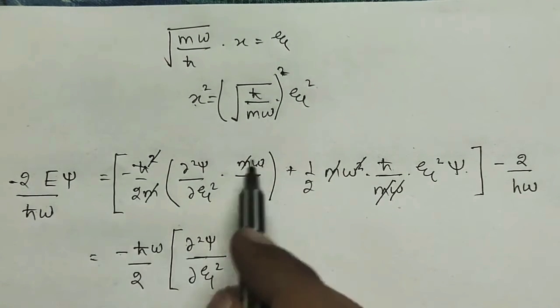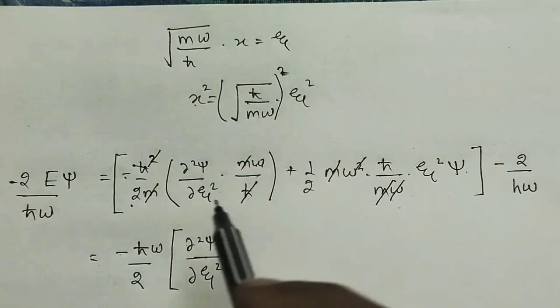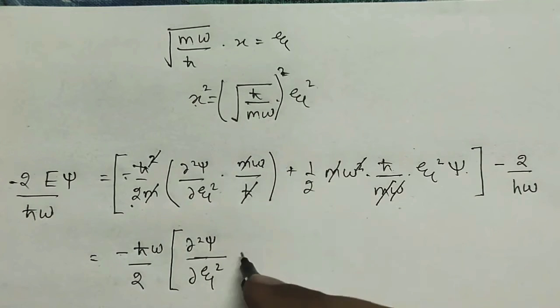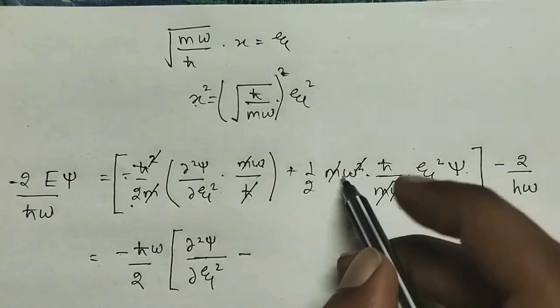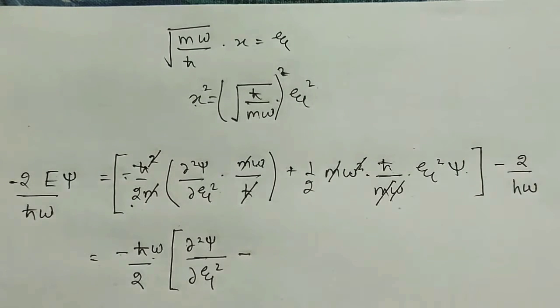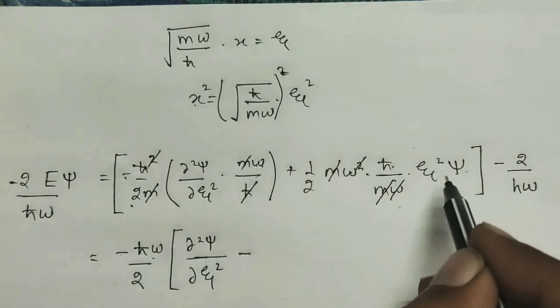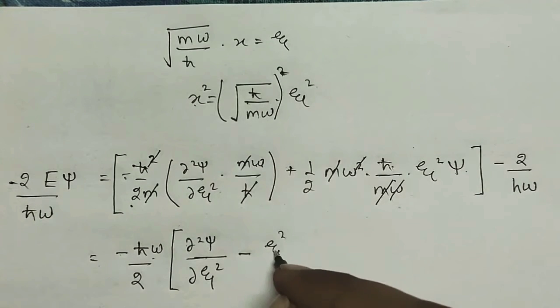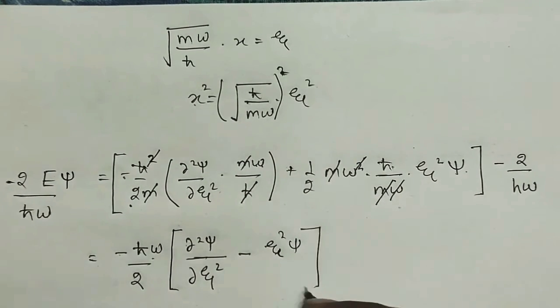That ħω/2 with the minus sign is here in this term, and from this term the minus sign is here. One ω comes out, ħ comes out, and only j²ψ is left.